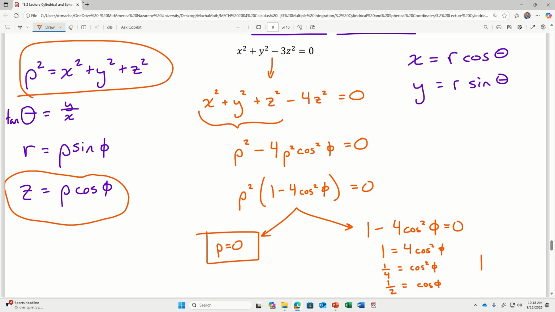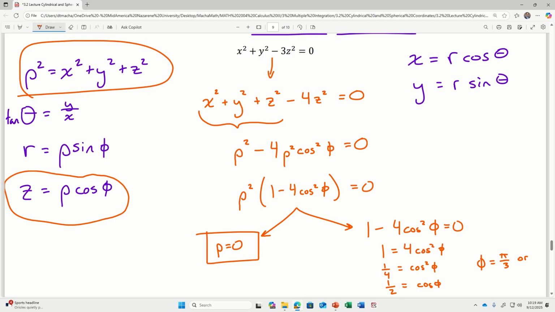And that means phi needs to be equal to pi over 3. Or, what's another value of phi so that cosine of phi equals 1/2? Because if it's pi over 3, then the adjacent over hypotenuse is 1/2.